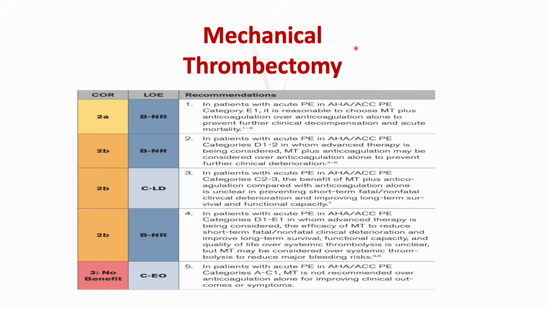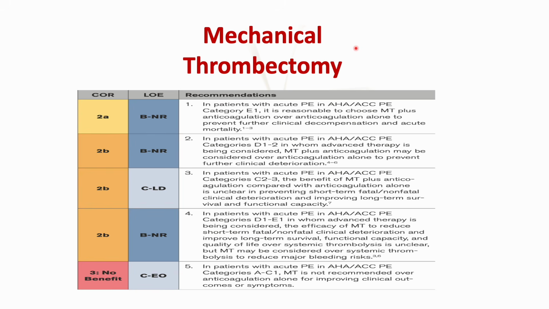They have mentioned one trial called the FLAME trial, flow trigger for acute massive pulmonary embolism study, where they've looked at category E1 patients, 115 of those patients who underwent mechanical thrombectomy or other therapies, and they found that the endpoint of reduction in all cause mortality was 17%.